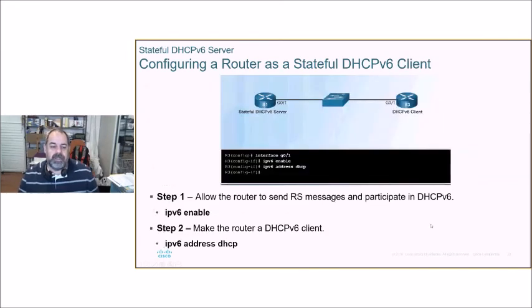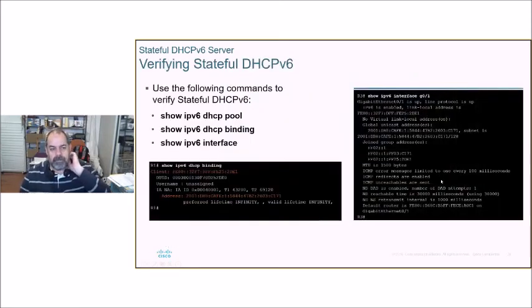And from there, to be a stateful client, it's ipv6 enable, ipv6 address dhcp. So again, show ipv6 dhcp pool, and show ipv6 dhcp binding, of course, because we're mapping addresses to MAC addresses, and show ipv6 interface.